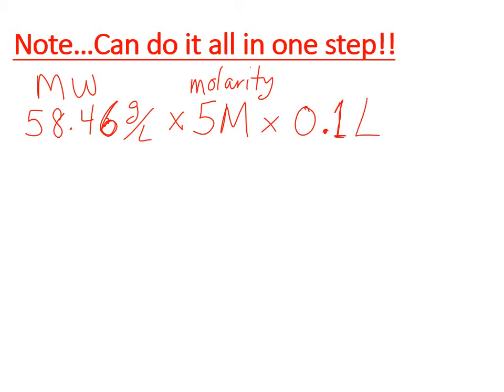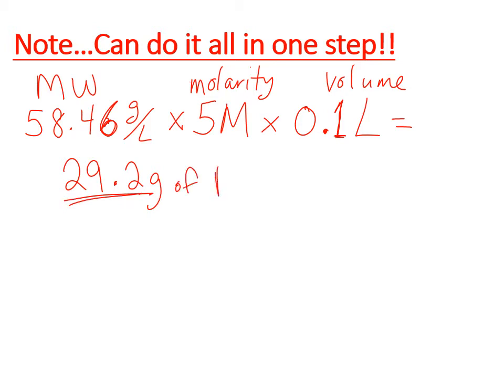So you multiply the molecular weight by the molarity that you want to make, and then multiply that also by the volume you want to make. And that would give you that same 29.2 grams of NaCl. And what you would do, you would volume up to 100 ml with water.